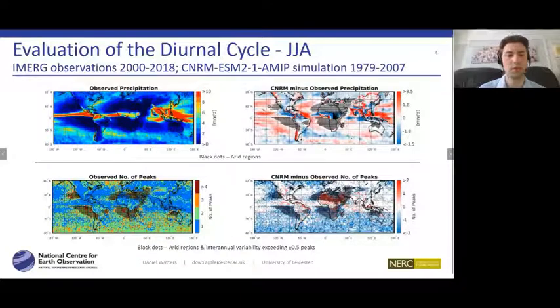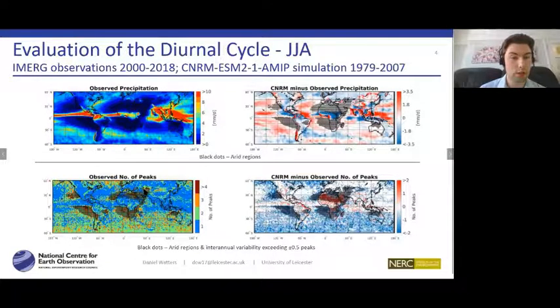For these regions, we consider the diurnal cycle not to be strong and not to be considered too thoroughly. So what you can see when we compare the mean precipitation from the model to the observations is that the differences tend to be the strongest across the intertropical convergence zone, and arguably over land there tends to be more underestimation by the model, and over the ocean there tends to be more overestimation.